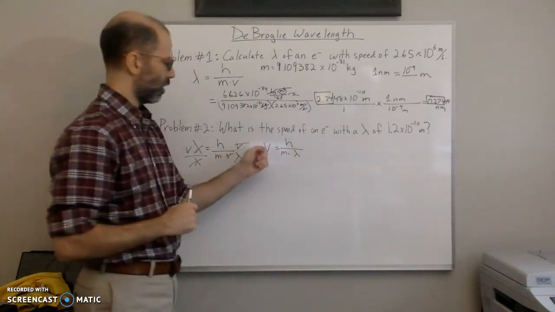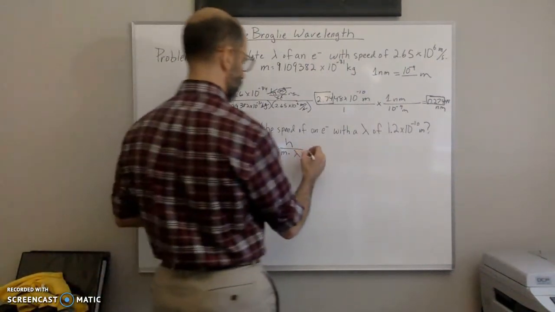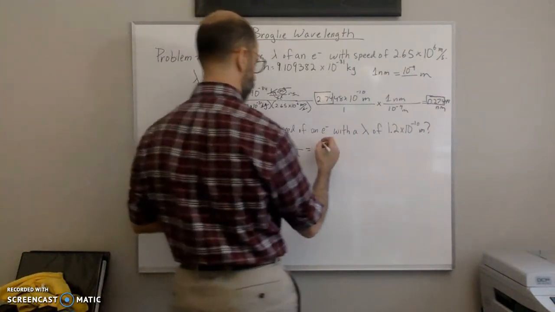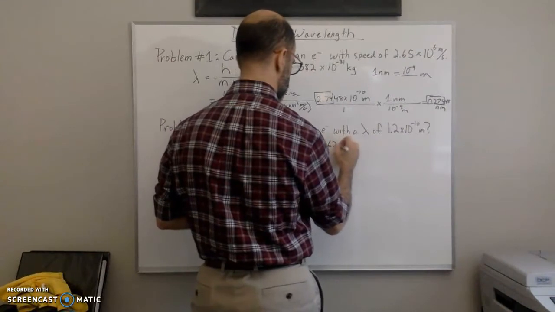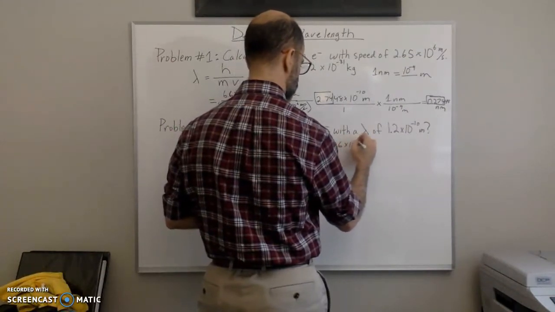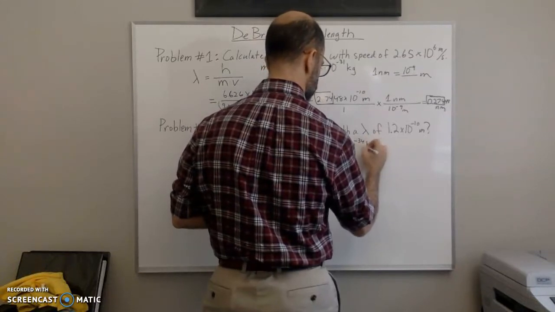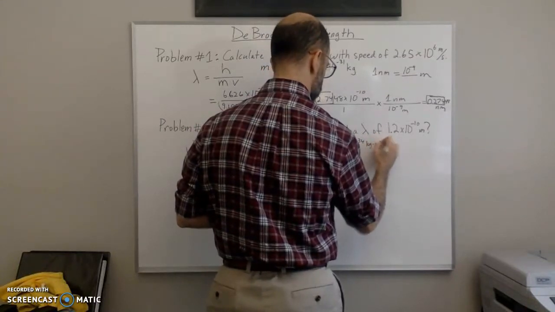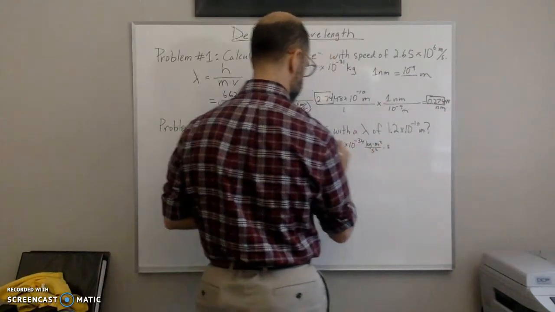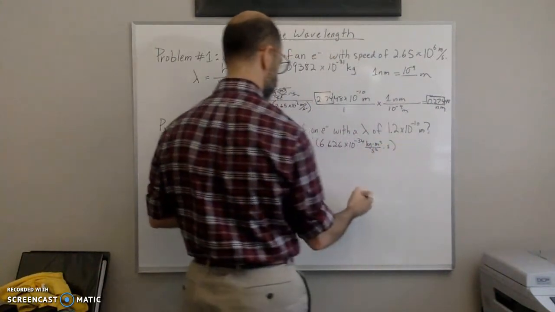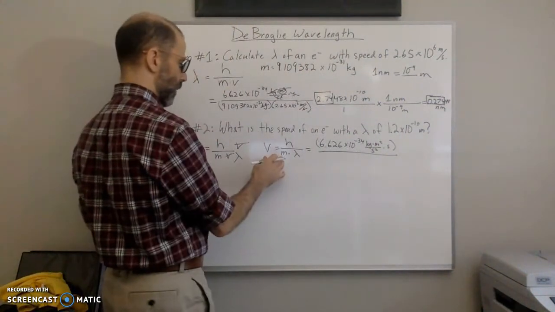So now all we need to do is plug everything in. Everything else is the same as before. Planck's constant is 6.626 times 10 to the negative 34 kilogram meters squared over seconds squared times seconds, divided by the mass.